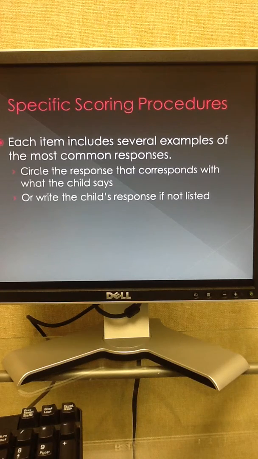So after the child responds, the clinician should circle the response that corresponds with what the child says. And if there's not a response on the record form that seems similar to what the child says, then you should just write down what the child does say in response.